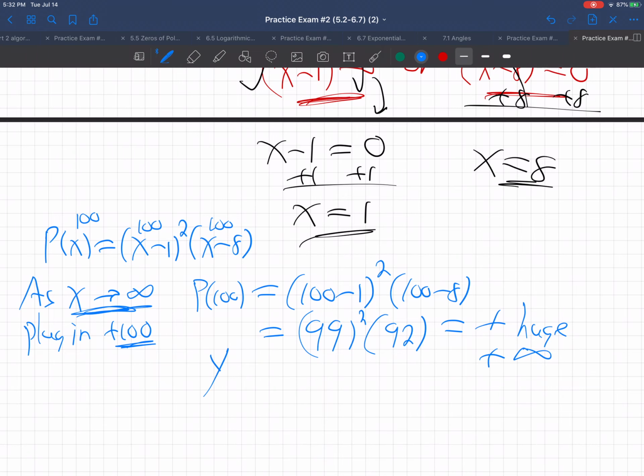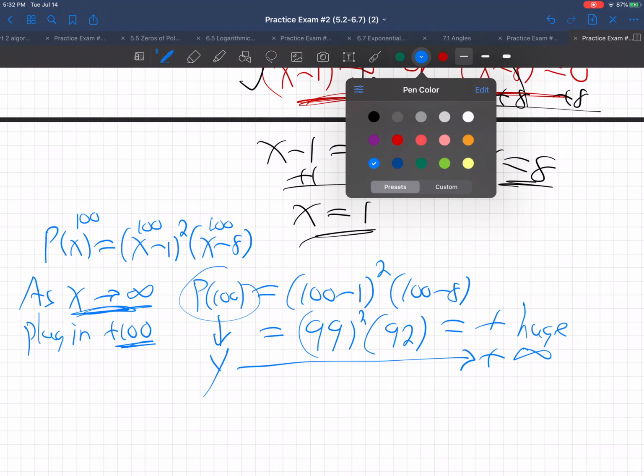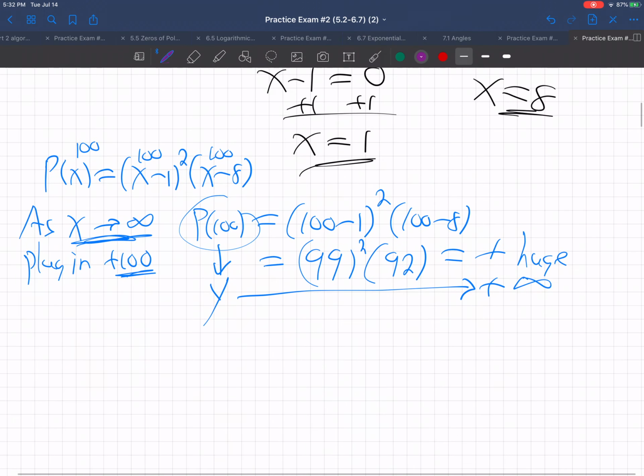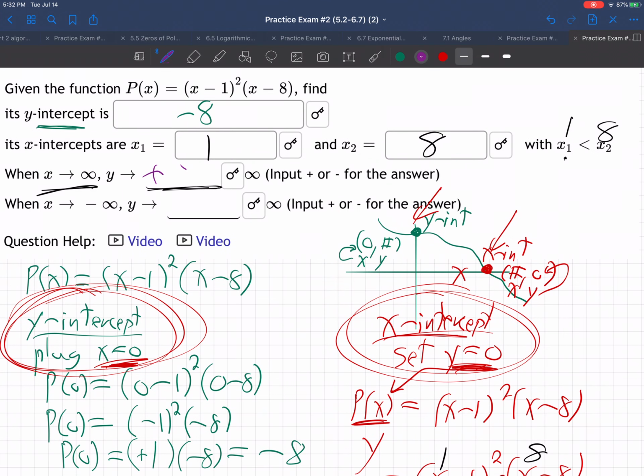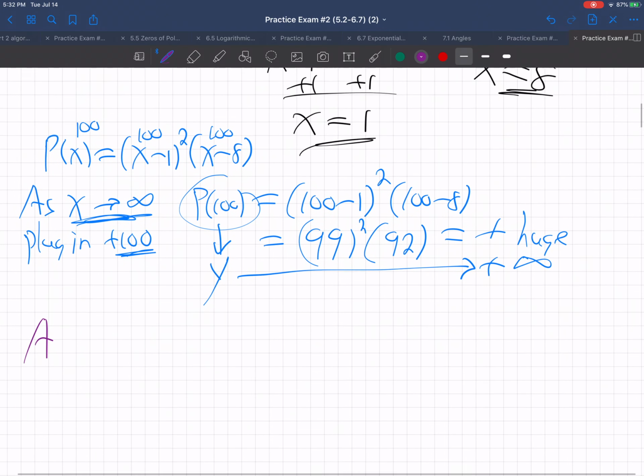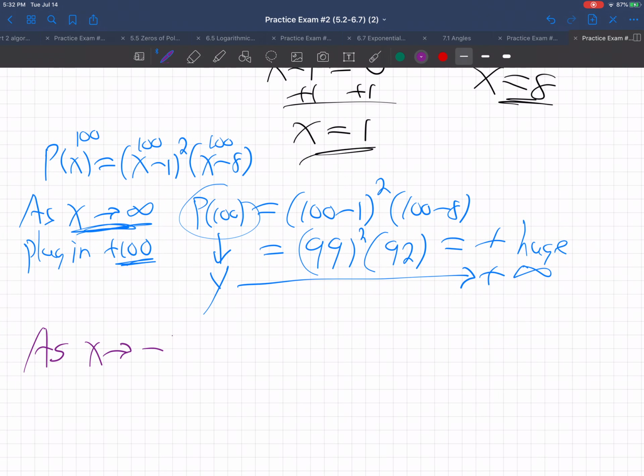Function values are y values, so y is headed to positive infinity. So that was our first answer: positive infinity. They've already got the infinity, so they just want the plus sign. Now, what about as x goes to negative infinity?